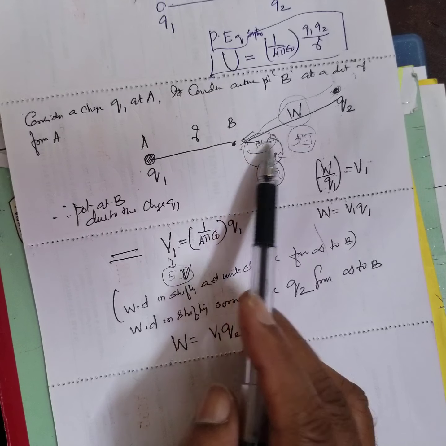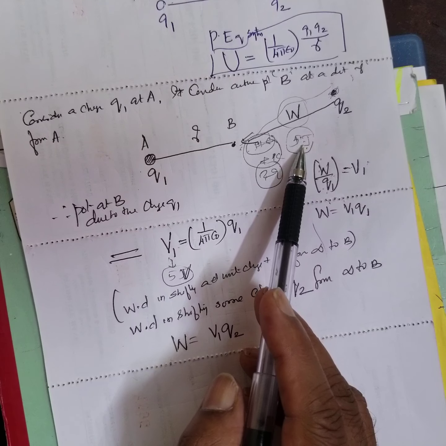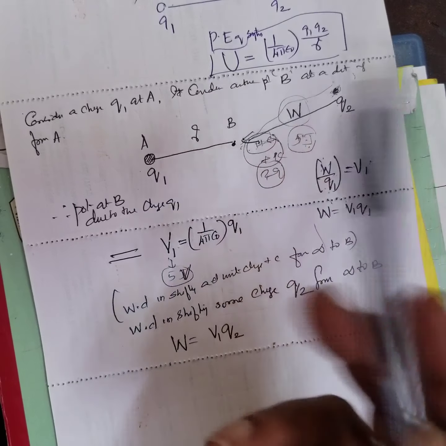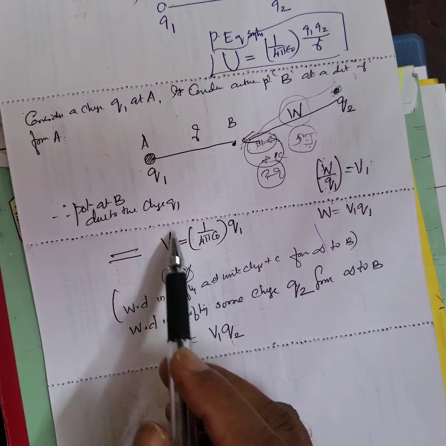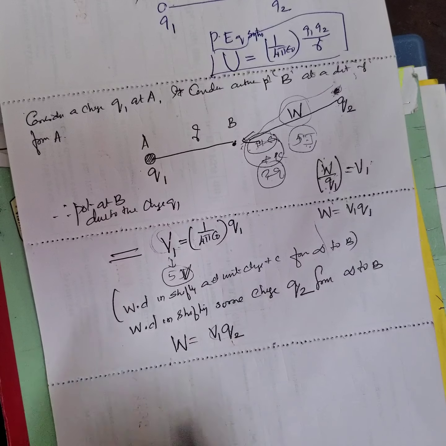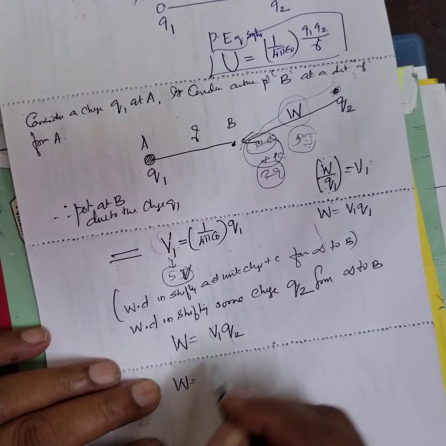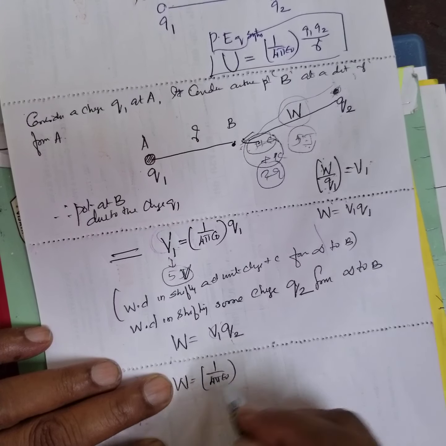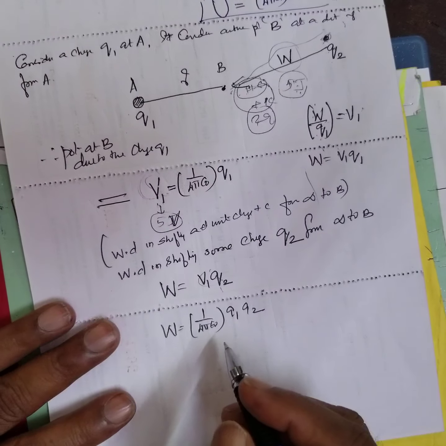For 1 coulomb, 5 joules. For 2 coulomb, 10 joules. That means for Q2, Q2 times that. This is like 5 joules, this is 5 into Q. Like that. Therefore, we substitute here V1 is equal to 1 by 4 pi epsilon naught Q1, and Q2.